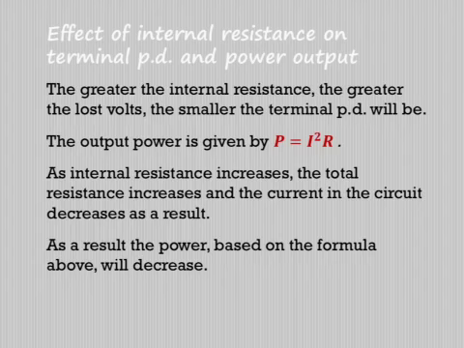The output power is given by P equals I squared R. As internal resistance increases, the total resistance increases as well, and the current in the circuit decreases as a result, because resistance and current are inversely proportional to each other. As a result, the power, based on the formula, must also decrease, because if current decreases, then power must also decrease.